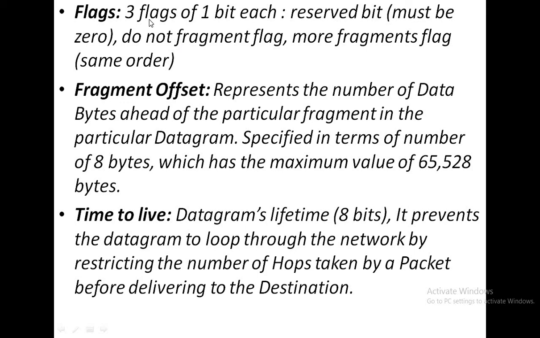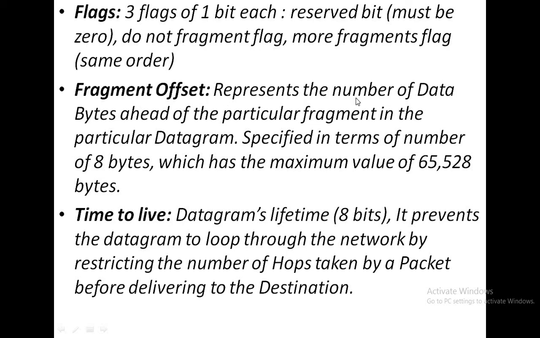Next is flags. There are 3 flags of 1 bit each. One is the reserved bit, which must be 0, then the don't fragment flag and the more fragments flag, in the same order. Okay. So 3 types of flags are used. Next is fragment offset.